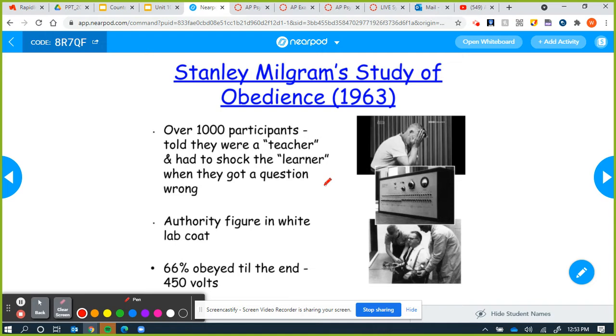They found that 66% of the teachers were willing to go to the highest level of shock, which is 450 volts, simply because there was somebody perceived as an authority figure there, a man in a white coat, telling them that that is what they needed to do.